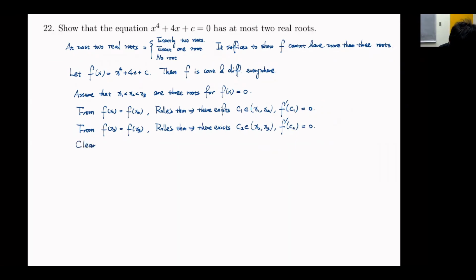Clearly, we have C1 less than C2, because C1 is to the left of x2 and C2 is to the right of x2. So we basically have obtained 2 roots for the function f prime equals 0. But now let's see if that's possible. f prime of x, let's compute it using the formula, will be 4x cubed plus 4.